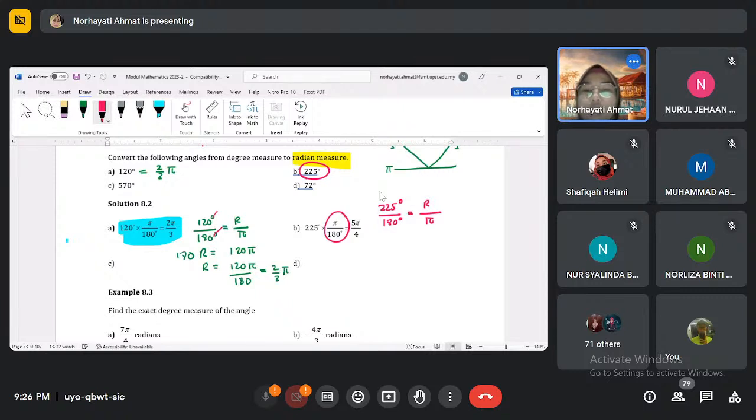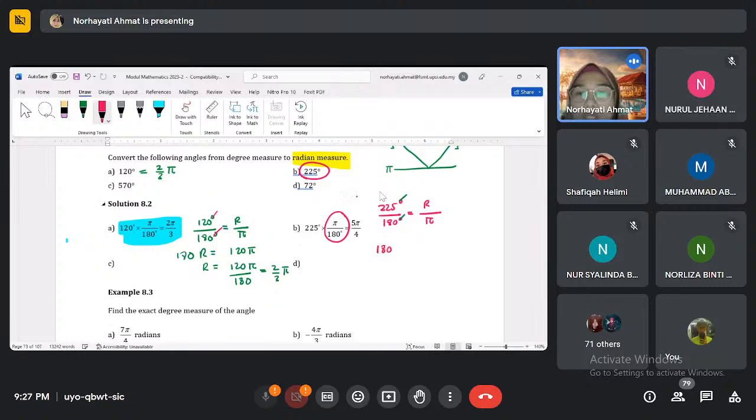Kita dah boleh cross out unit. Degree divided by degree already eliminate, so kita hanya ada dalam radian. So 225 pi. Senang kita buat yang radian dululah.